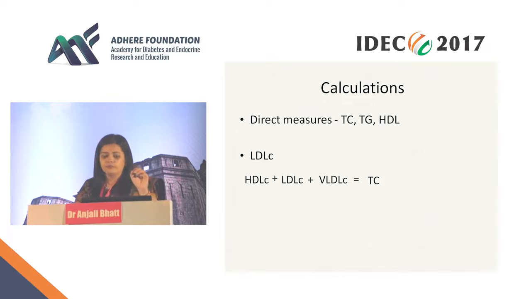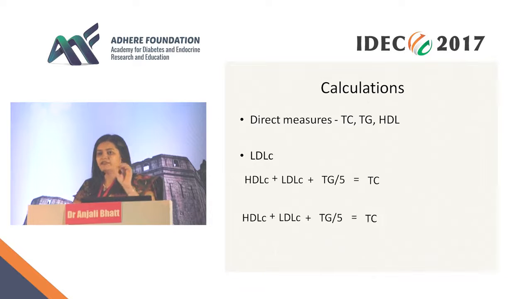Now, if I have to calculate LDL, a simple equation, we all know what total cholesterol contains: high density lipoprotein, low density lipoprotein, and very low density lipoprotein. Now, measuring VLDL is difficult, but pathophysiologically it is seen that 20%, that is 1/5 of your triglycerides, is contained in VLDL.